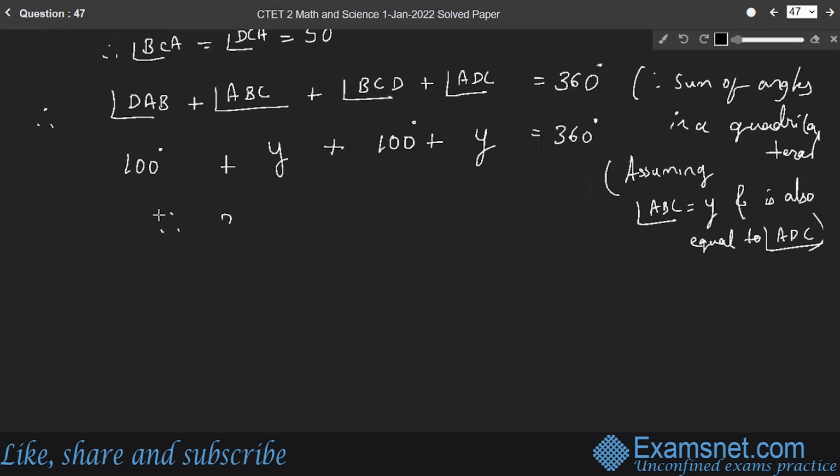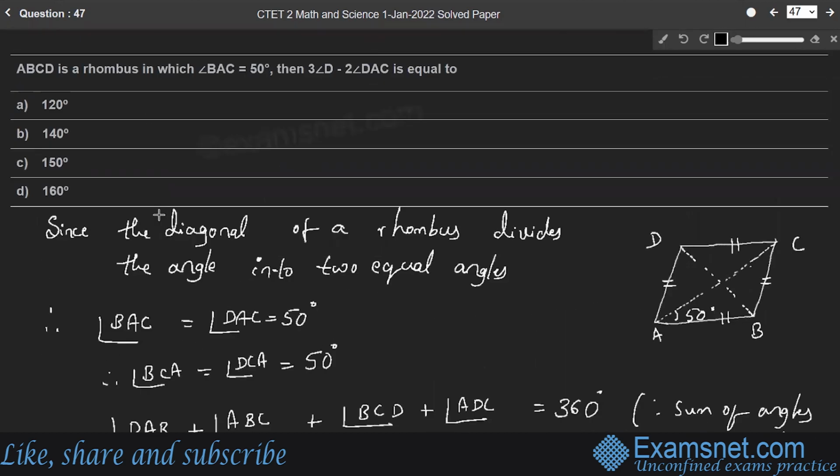Therefore, 2Y plus 200 is equal to 360 degrees. 2Y is 160. Therefore, Y is equal to 160 by 2, which is 80 degrees. So these two angles, ABC and ADC, are equal to 80 degrees.